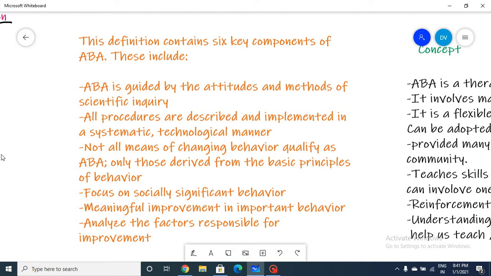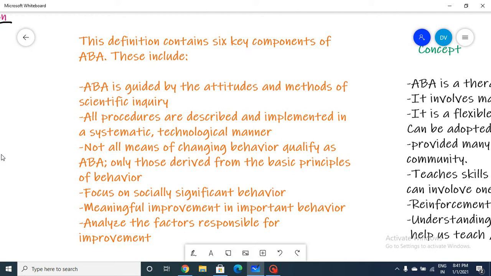Whatever we teach, whatever we analyze, whatever data we collect, or whatever strategies we use, all these are scientifically proven methods. The next component is: all procedures are described and implemented in a systematic, technological manner.